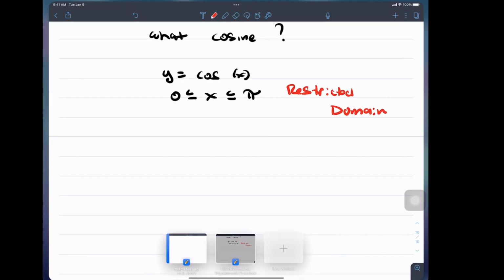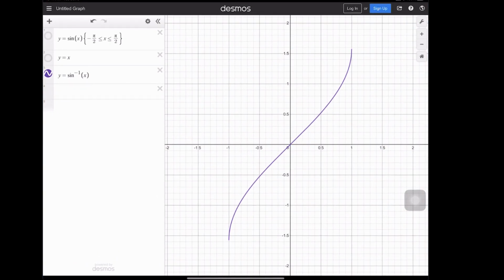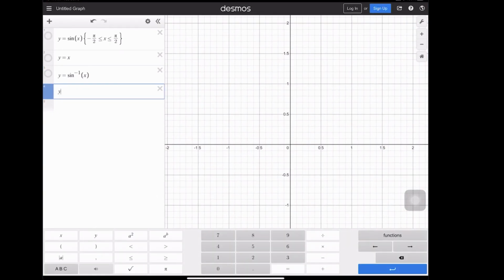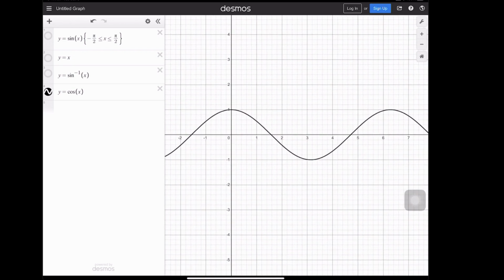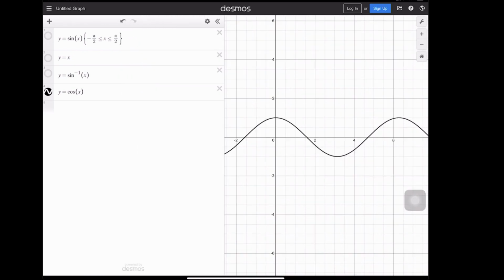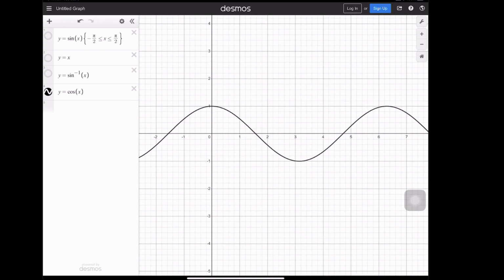So if I go to Desmos, here's cosine. Y equals cosine. This very much is not one-to-one. It doesn't pass the horizontal line test, right? So you restrict your domain.